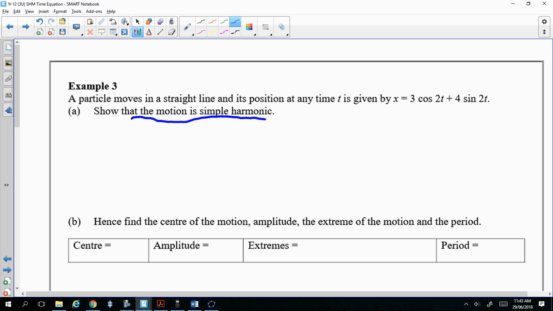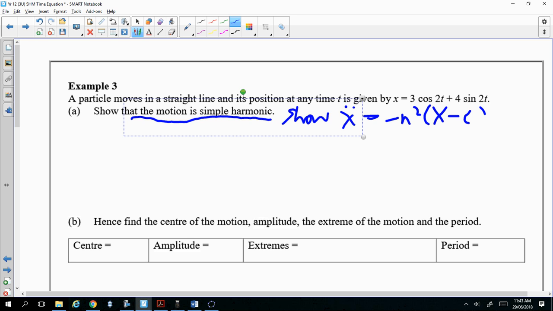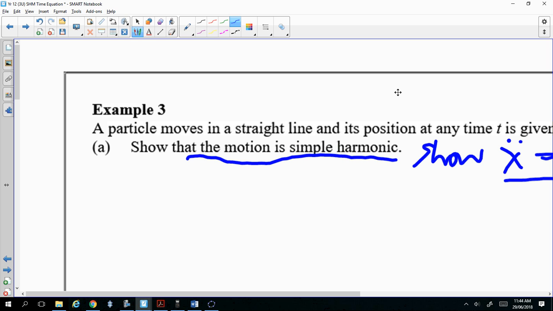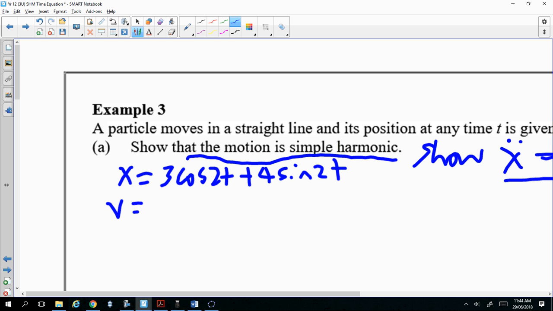So let's differentiate it twice. Write x equal to 3 cos 2t plus 4 sine 2t. If you find v, it is equal to negative 6 sine 2t plus 8 cos 2t. That's v. And then to get acceleration, you get negative 12 cos 2t minus 16 sine 2t.